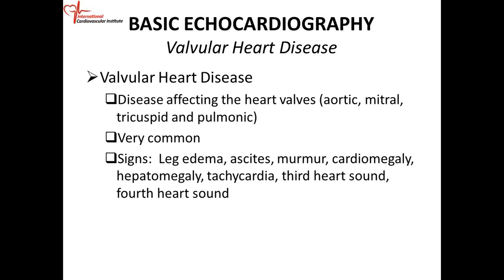So not only will you get hepatomegaly, which is enlargement of the liver, but it will be tender. When you palpate the right upper abdominal cavity, the liver will be enlarged and tender. And you can get tachycardia, that is rapid heartbeat, as a result of these valvular problems.